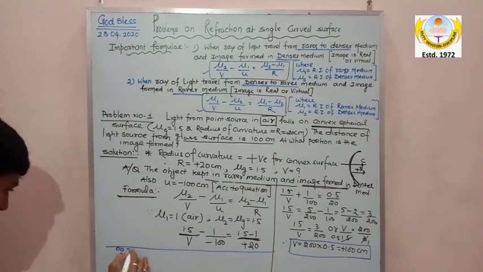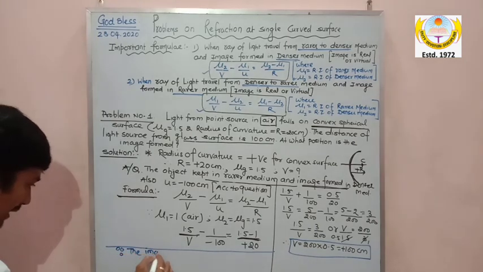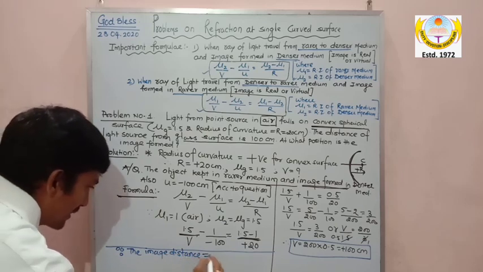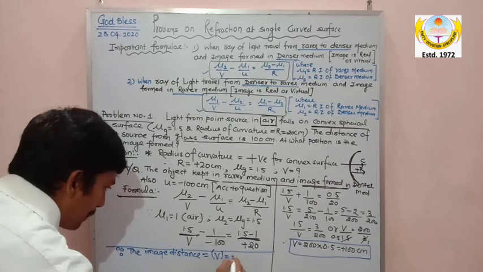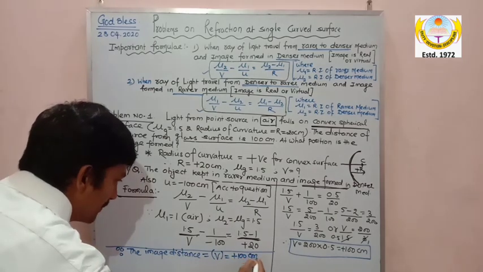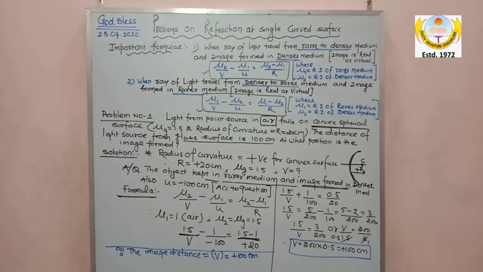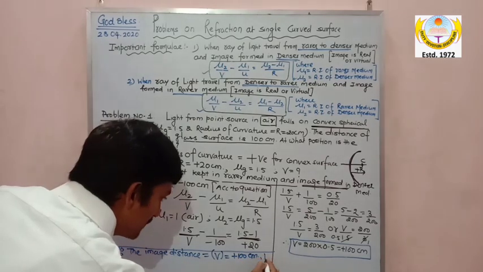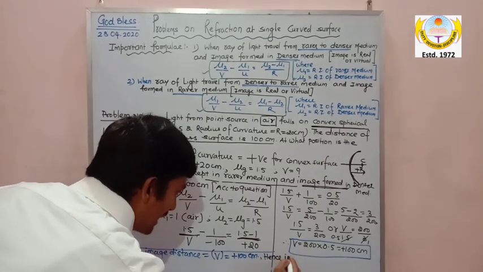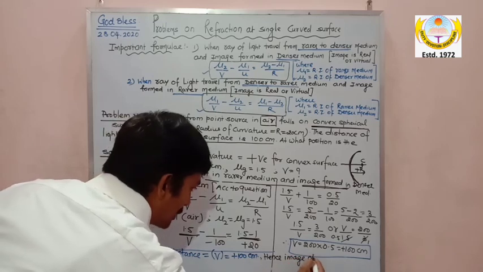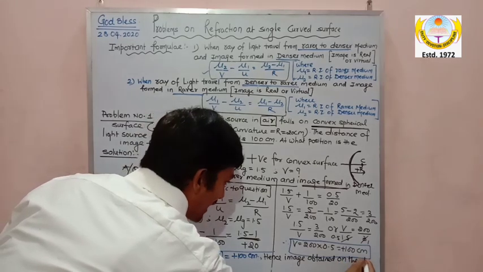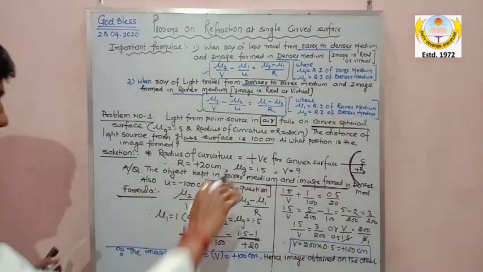Since the image distance V is equal to plus 100 centimeter, hence the image is obtained on the other side, because only then it is positive.